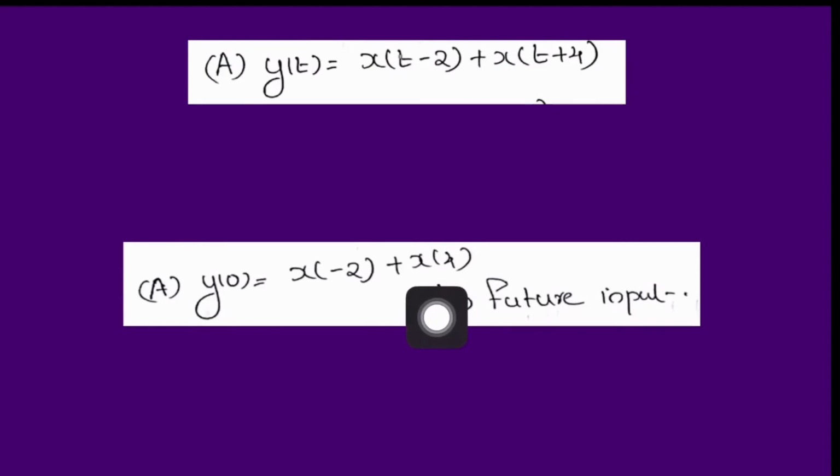Since we are considering time instant t equal to 0, x of minus 2 is a past input, x of 4 is a future input. So we can say that the output of the system given in option A depends not only on past input but also future input, hence it is not a causal system.